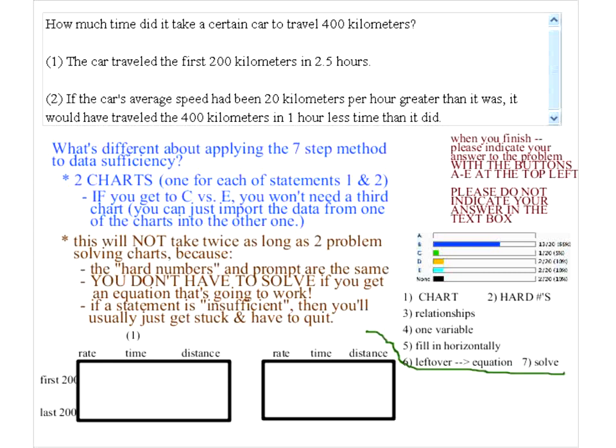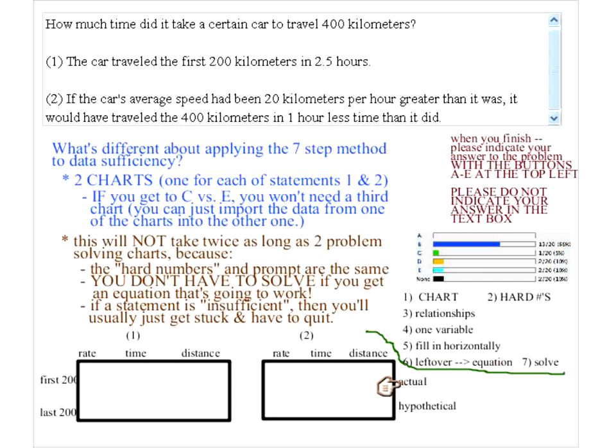If you were going to combine these, you would have somewhat of an issue, but it's not, because the second one doesn't talk about the first and last 200 kilometers. Instead it talks about if this had happened, then here's what would have happened versus what really did. So everybody give me the smiley icon if you understand that these are appropriate labels for the first chart and these are for the second chart. And you can give me the other face if you don't understand.